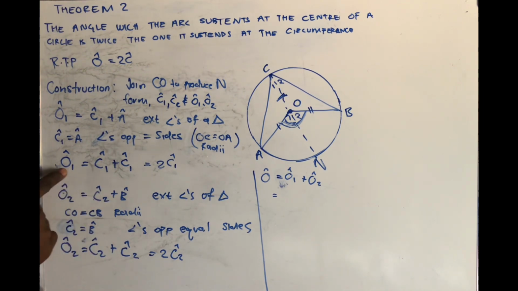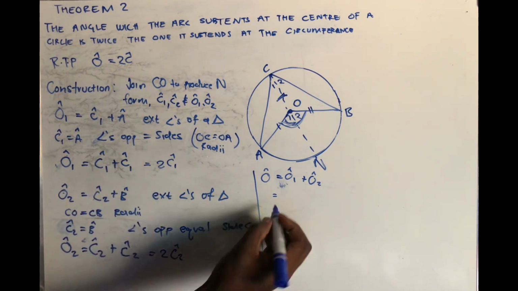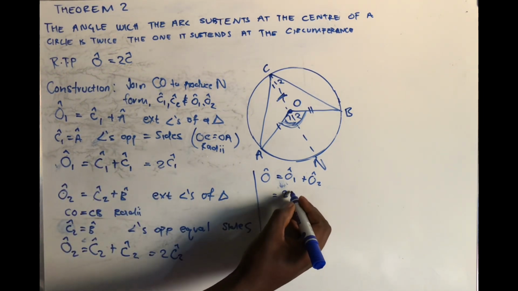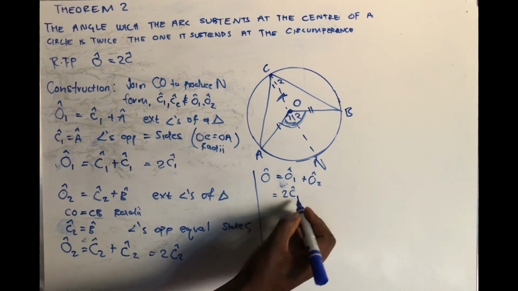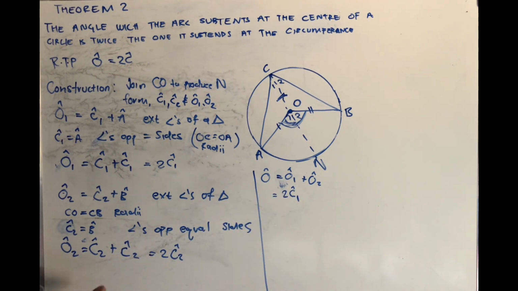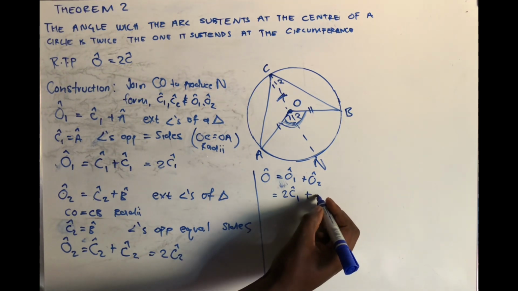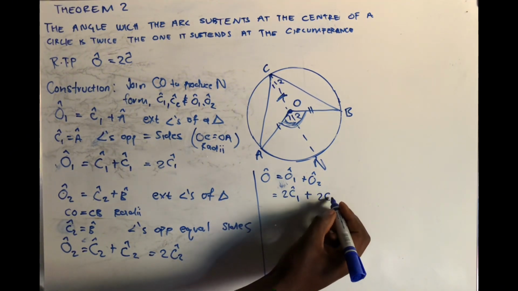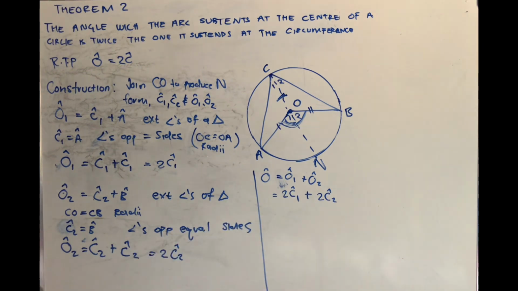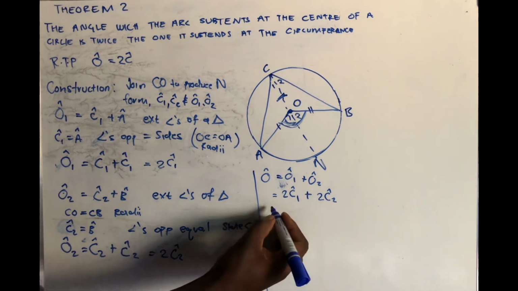What's angle O1? We found it to be 2C1, plus what's O2? We found O2 to be 2C2. Clear?